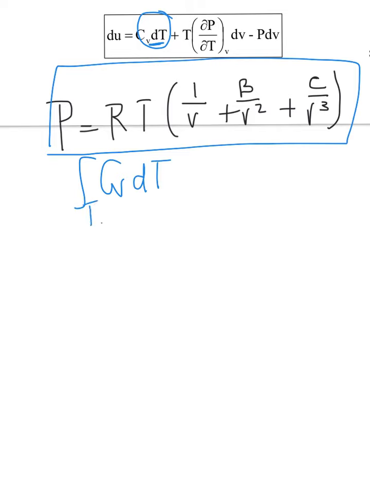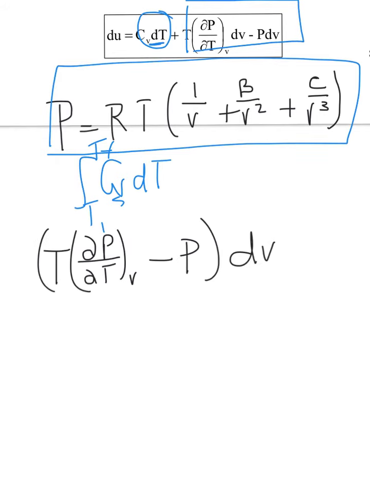We've got the change in temperature to temperature final, CV as a function of the temperature. But it's this part of the equation that is now new to us. Group the terms together so that we have the change on this side, and we know what expression we need to integrate from volume beginning to the final volume in order to calculate that part of the change.